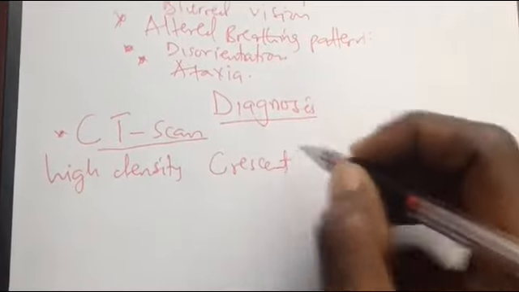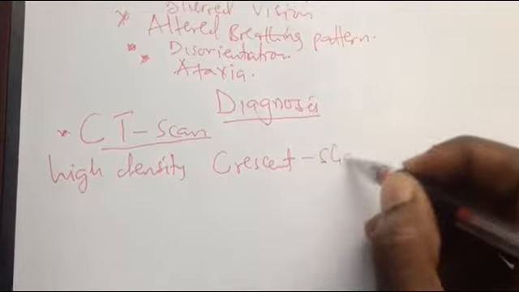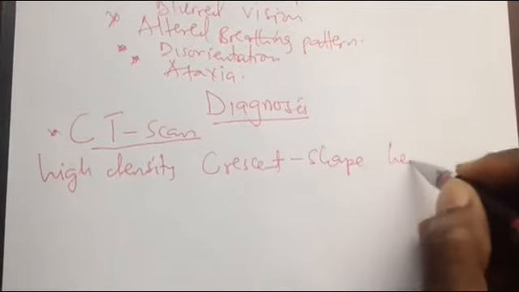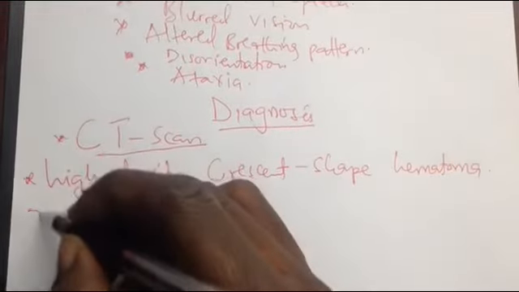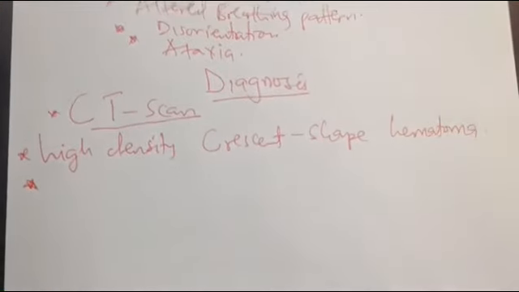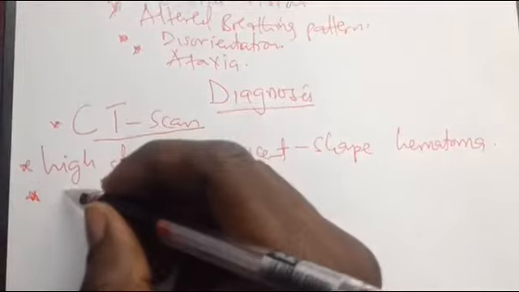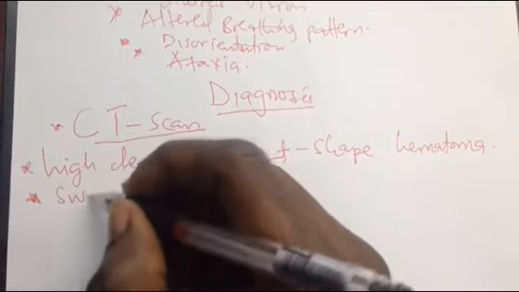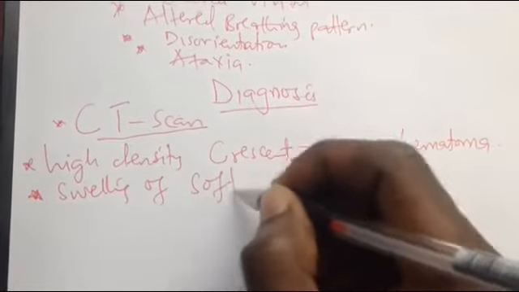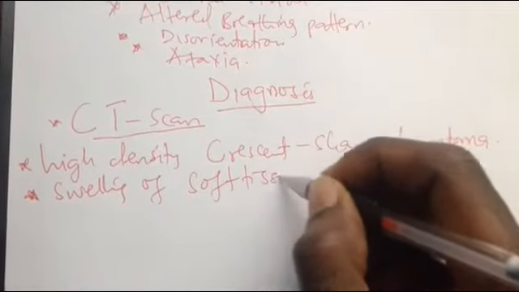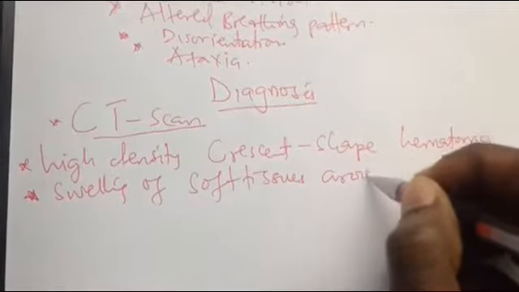This is very, very classical. Crescent shape hematoma. Again, in the CT scan, the patient will have swelling of the soft tissues around his temple.